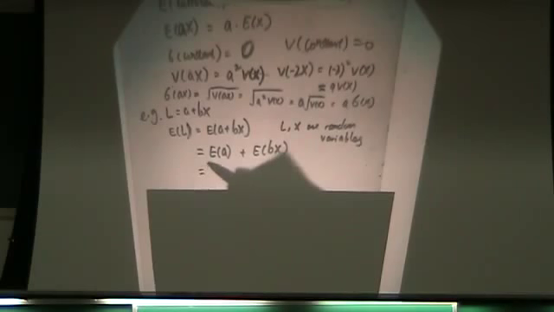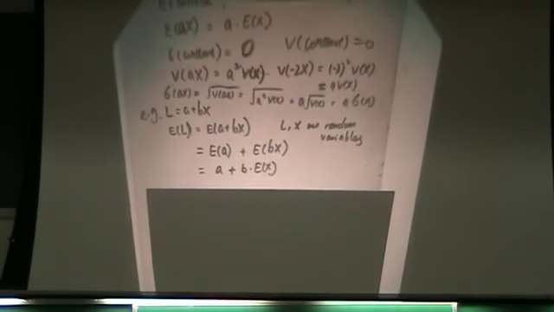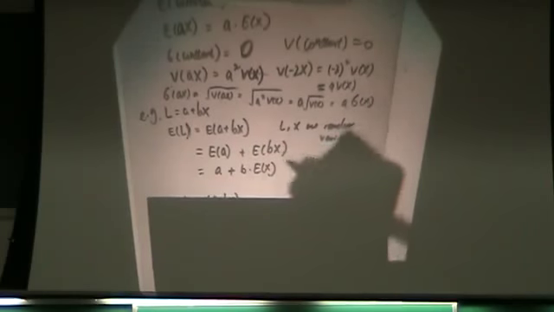The expected value of a constant is just the constant itself, plus we put the B outside, B times E[X]. And the E[X] here, we could write as mu, so B times mu. And then we're done for this example.